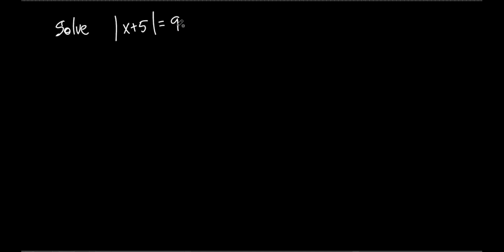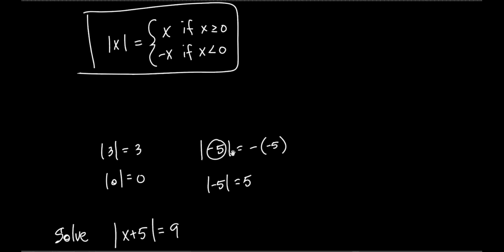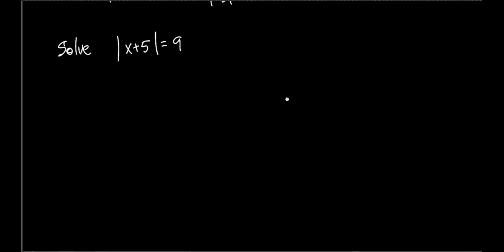All right? Now, remember what we said up here in the definition? We got 2 scenarios, right? It's equal to x and it's equal to negative x. That's what we're going to do right here. So we're actually going to write 2 different equations. We're going to write x plus 5 is equal to 9, because remember, the absolute value of x is equal to x, right? You got two scenarios.